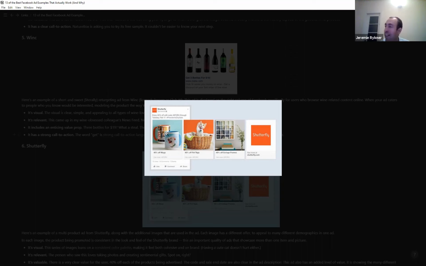Hashtag President's Day sale. And you can see 40% off mugs, 40% off pet tags, 40% off collage frames. See more at shutterflames.com. So here you see it's a carousel type of ad. You have a series of a few products, a few images, one after the other. You can scroll through them.